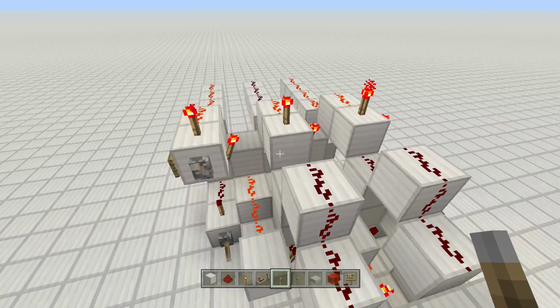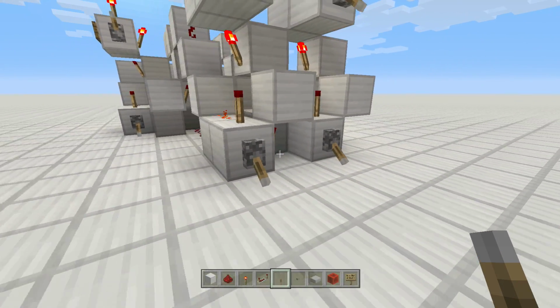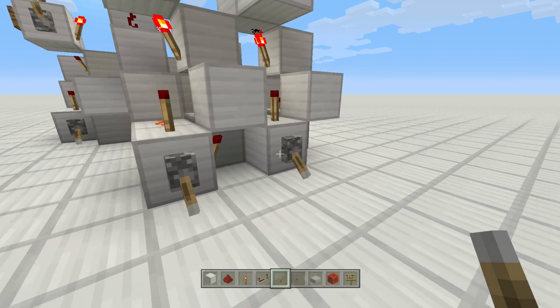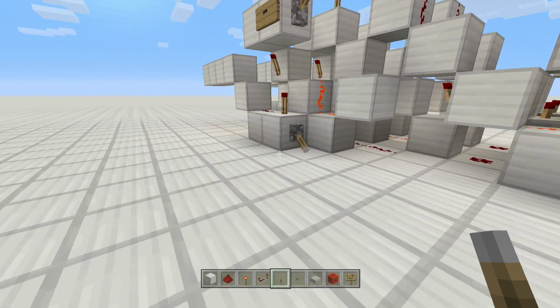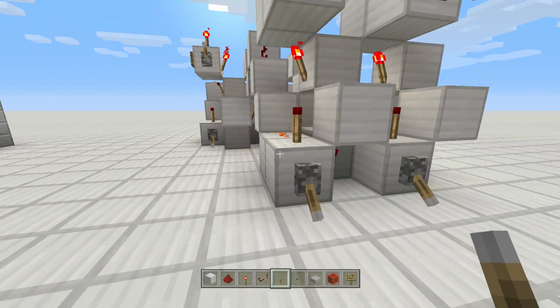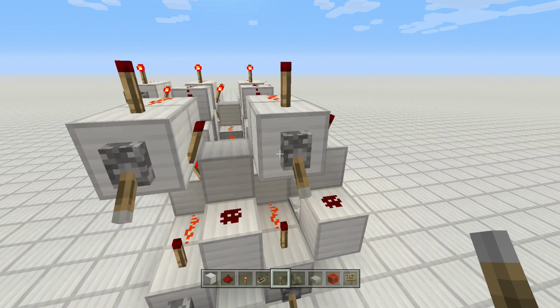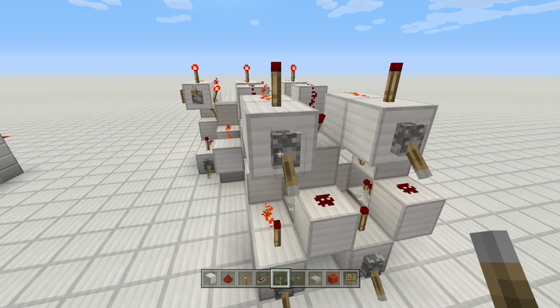This is 1, this is 4, this is 2, which is 6. This is 7 with this one here. So we're doing 7 plus 4, which is 11. And this is 2.